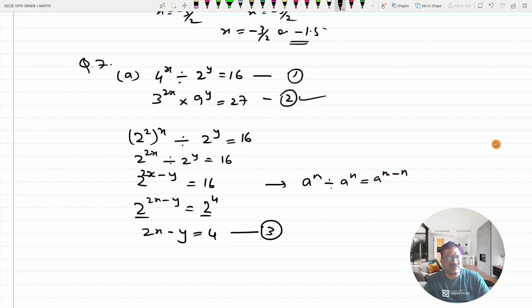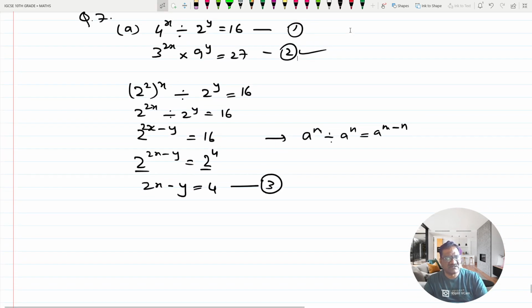Now the same thing I'll do with equation number 2. I'll write this equation as 3 raised to 2x into 9, which can be written as (3 square) whole raised to y, equal to 27, which can be written as 3 raised to 3.